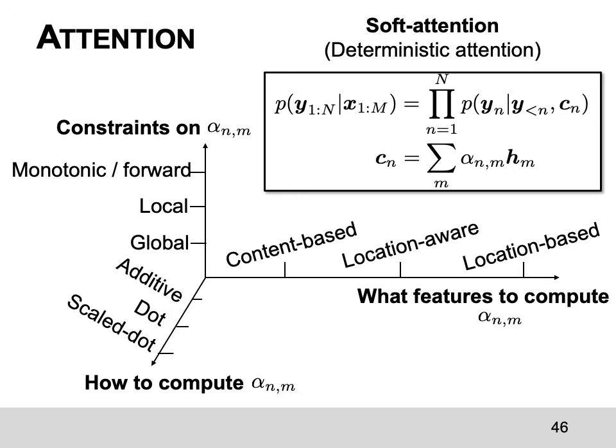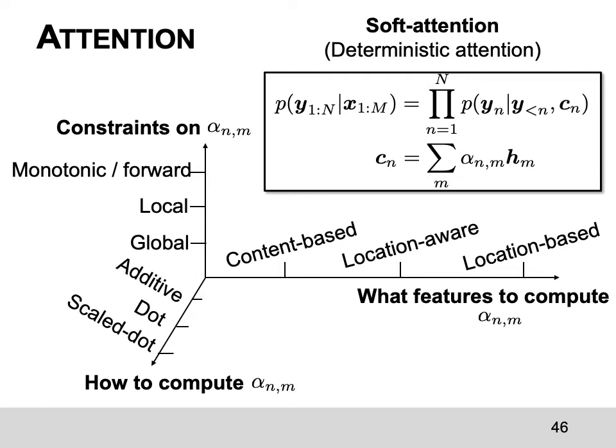Here's my proposal. I organize the attention based on what kind of features they use to compute the alignment, how they compute the alignment alpha, and what kind of constraints they need to put on the alignment. As you can see, for what kind of features to compute the alignment, we can organize attention based on whether they are content-based, whether they are location-aware, or whether they are pure location-based attention.